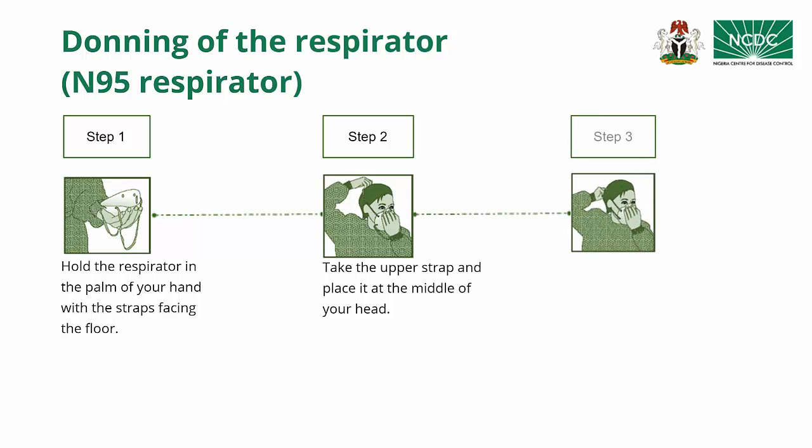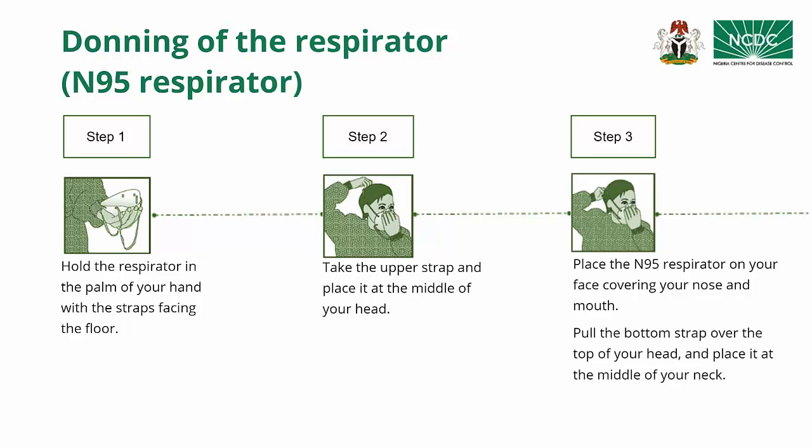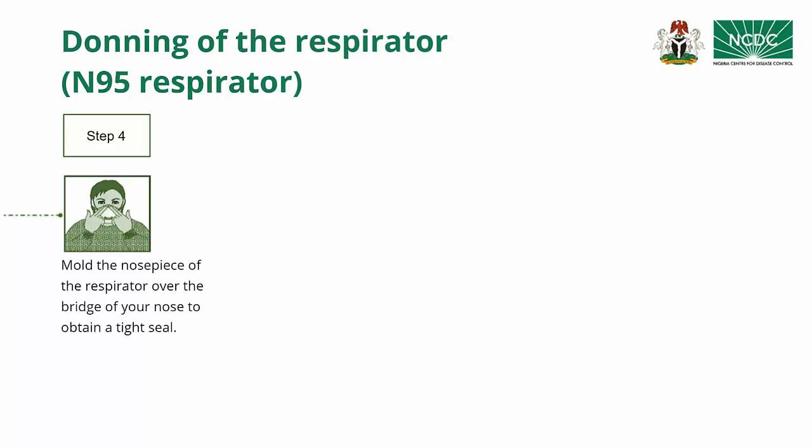Next, place the N95 respirator on your face, covering your nose and mouth. Then, pull the bottom strap over the top of your head and place it at the middle of your neck. Mold the nose piece of the respirator over the bridge of your nose to obtain a tight seal.